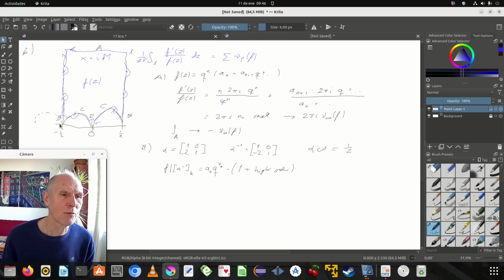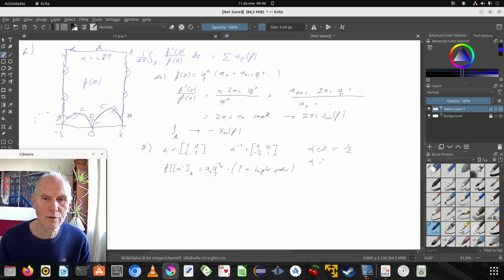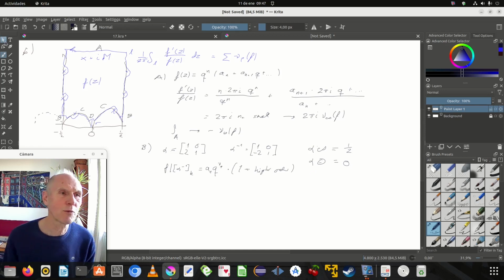So it has one point at infinity, and the next is 0. And it maps 0 to 0.